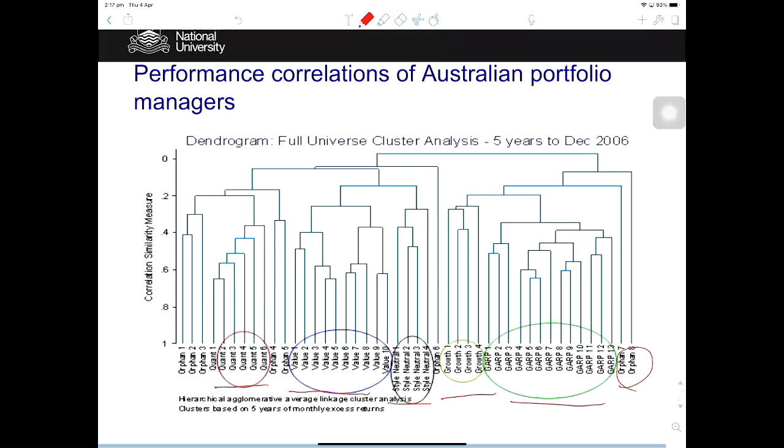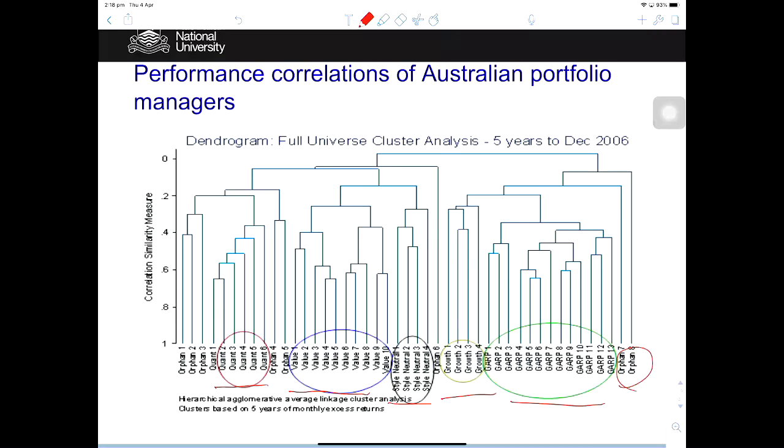So we run a correlation. We try to estimate the correlation of the portfolio returns of different managers. Above 0.5, that indicates a correlation that you cannot ignore.